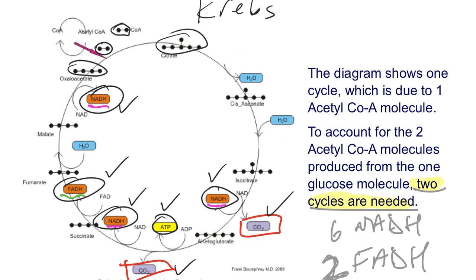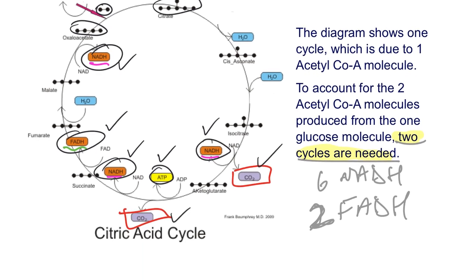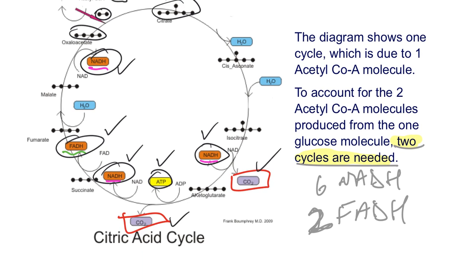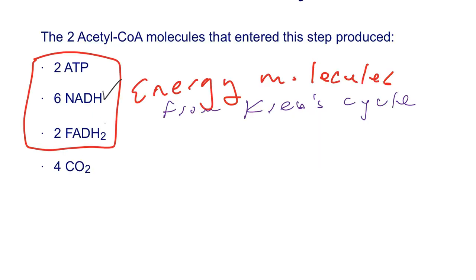So after 2 spins of the cycle, you have 2 ATPs, 2 FADHs, and 6 NADH molecules, all energy molecules charged up. Now these will get cashed into ATP during the final stage, oxidative phosphorylation.